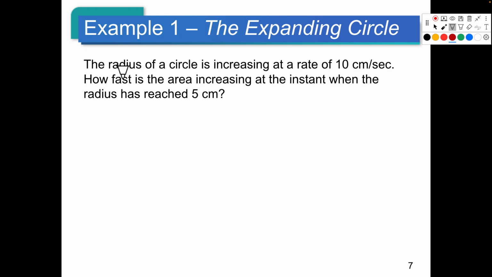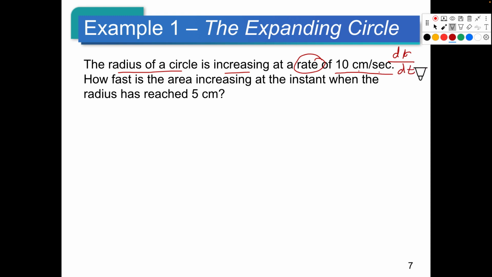Okay, so we'll start off here with the radius of a circle is increasing, and we can see we've got a rate. So what is this 10 centimeters per second? Well, that's how the radius is changing over time, right? So we've got centimeters and we've got seconds. This must be dr/dt.